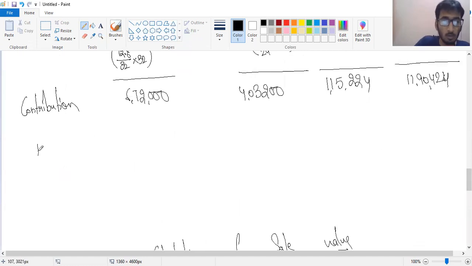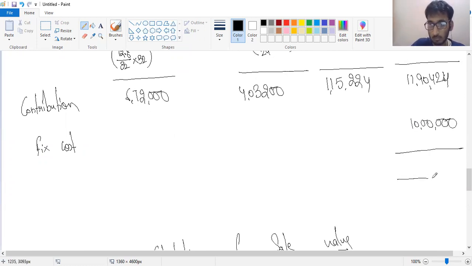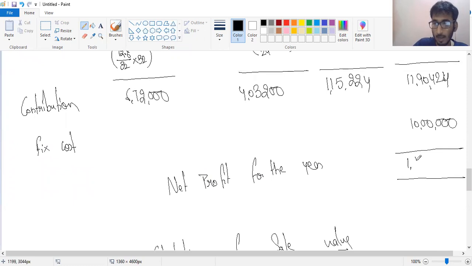So the fixed cost would be 10 lakh. Net profit for the year would be 190,424. It is the answer.